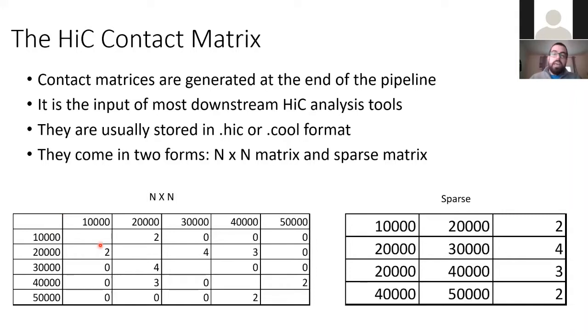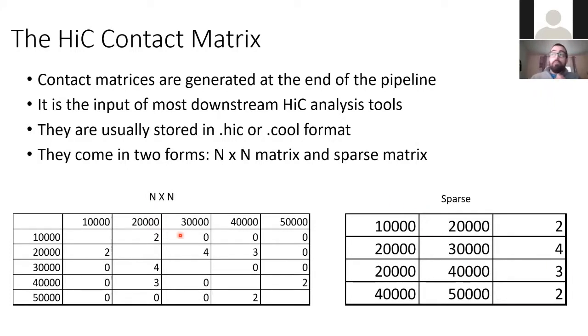So for example, here on chromosome 1, between 0 to 10 kilobase pair, you had 2 interactions with 10 to 20, but 0 from 20 to 30 and 0 from 20 to 40. And then the sparse is the same as the NxN, however, it removes the 0s and it's just a list. So from 0 to 10, and then from 10 to 20, you had 2 interactions. From 10 to 20 and from 20 to 30, you had 4, and so on.